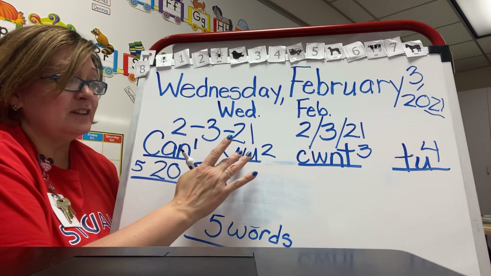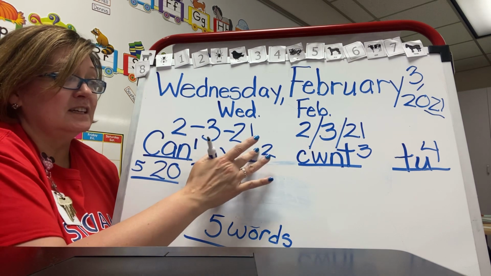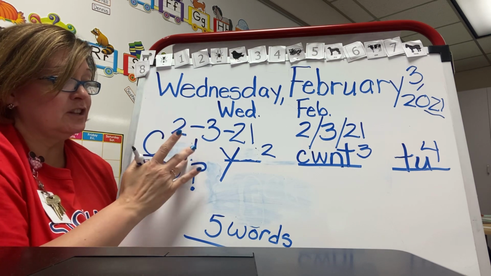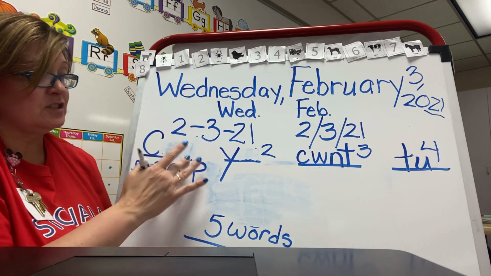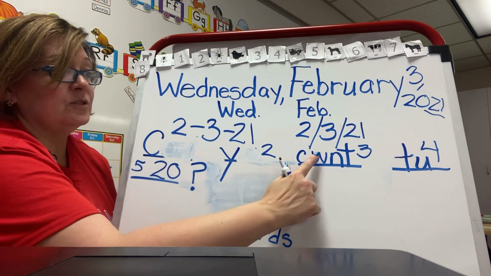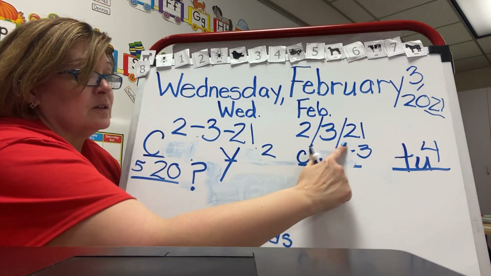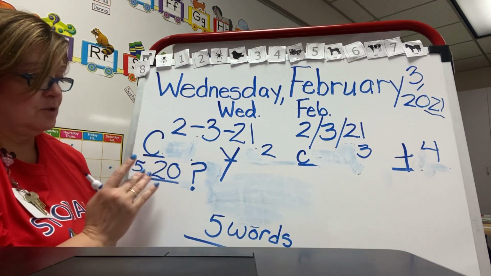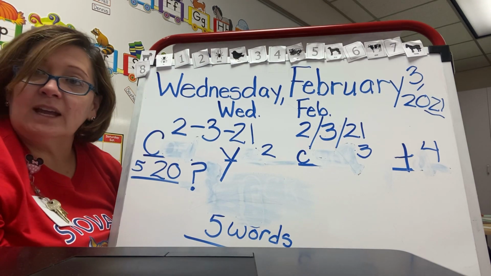And if your little one is like, oh, it's a lot to write all those letters, and they're just able to write the first letter of the word, can you count to 20? That's okay too.